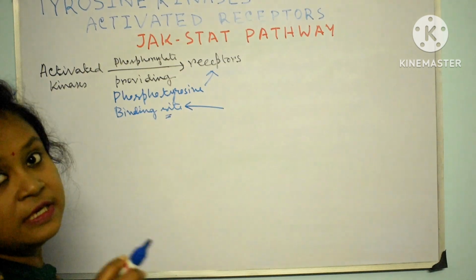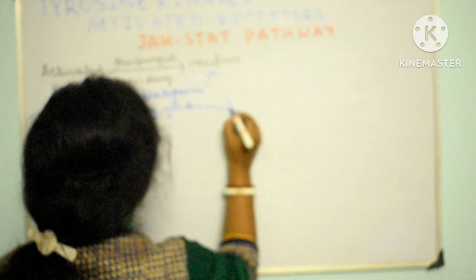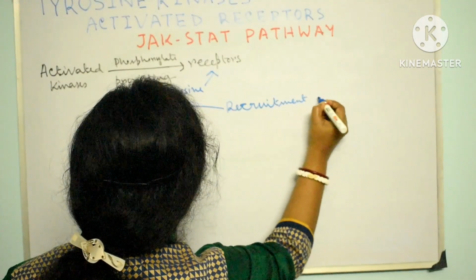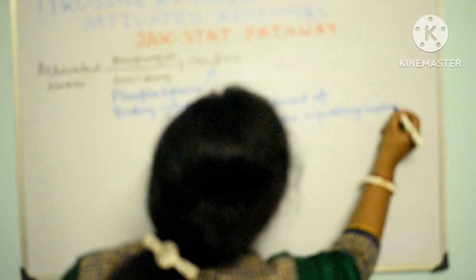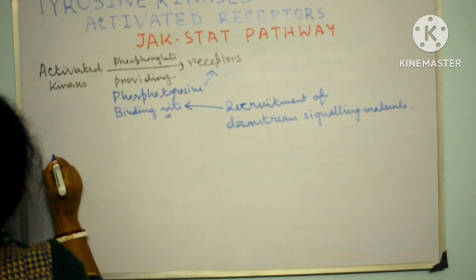This phosphotyrosine binding site provided by the activated kinase allows recruitment of downstream signaling molecules.